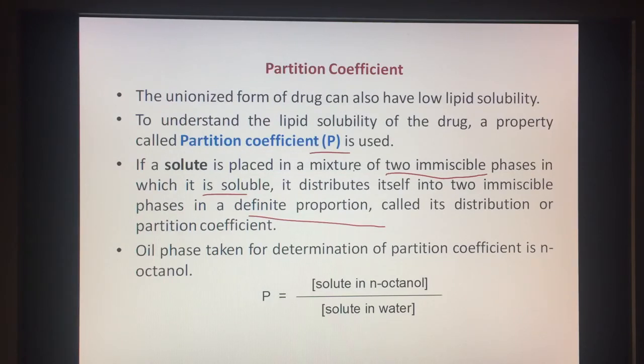Now if we look at this equation, we can say that a drug showing high solubility in N-octanol will have a greater value of P. If the numerator is higher, then the P value is also higher. So we can say the higher the value of P, the higher the lipid solubility, meaning solubility in N-octanol, and the lower the value of P, the higher the aqueous solubility or water solubility of a drug.